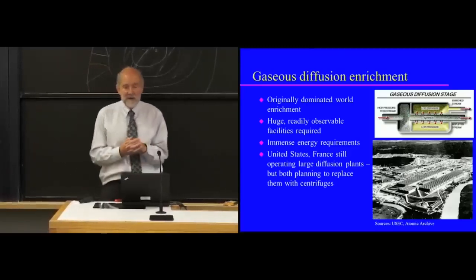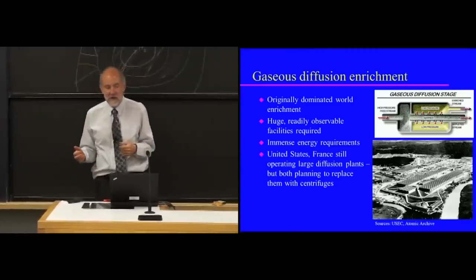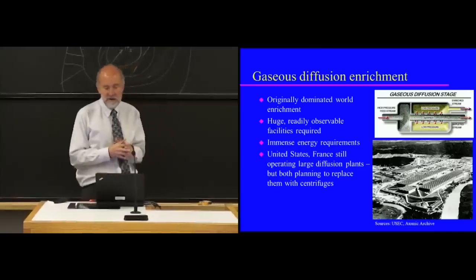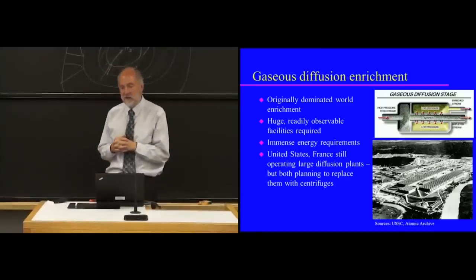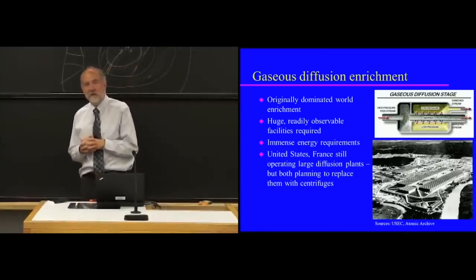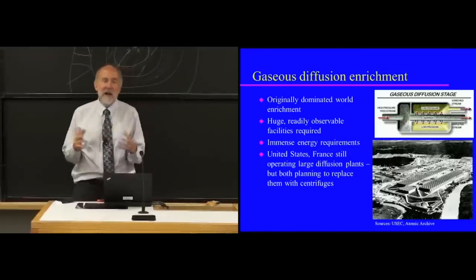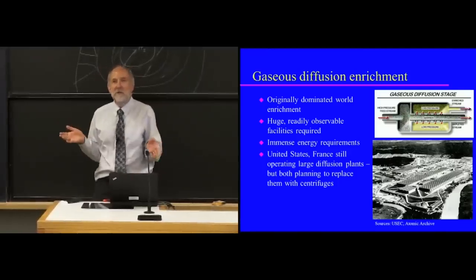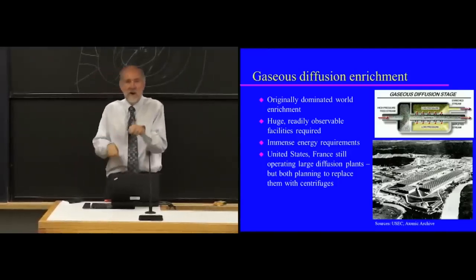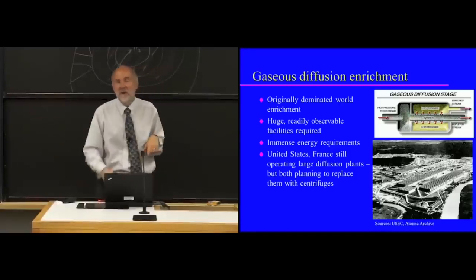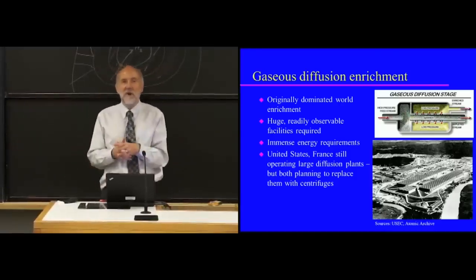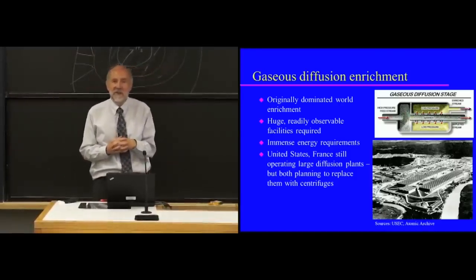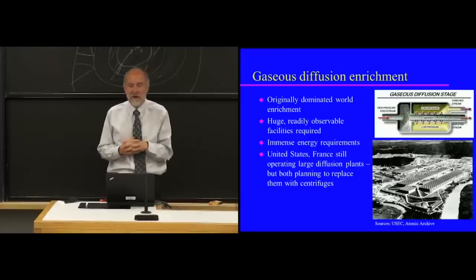And in fact, you need gigantic facilities. The facility in the picture there is one of the US enrichment plants that's since been dismantled. It was absolutely huge. I mean, they used bicycles to go up and down the enrichment halls because it was just too far to walk to get there in any reasonable amount of time.